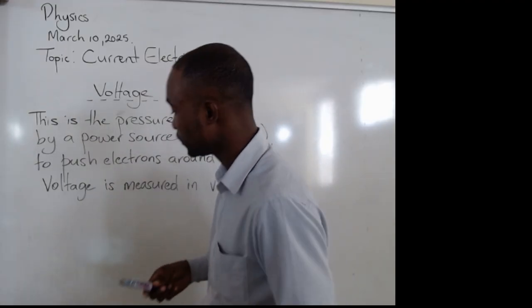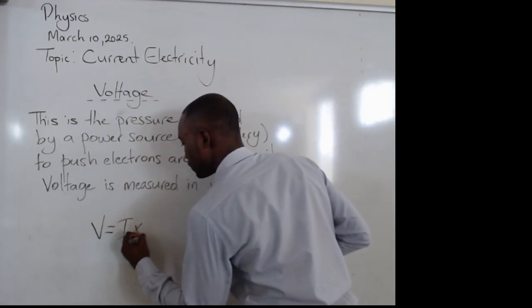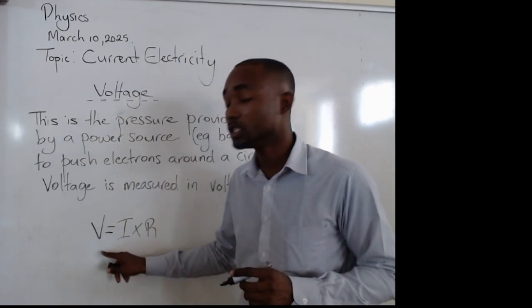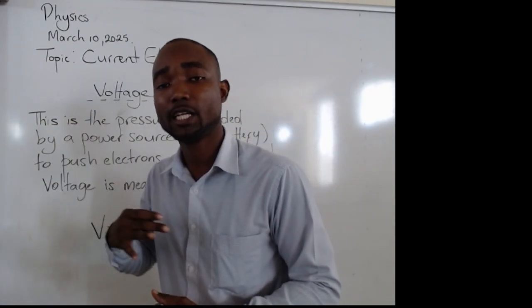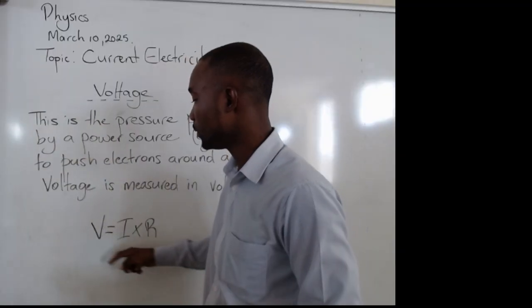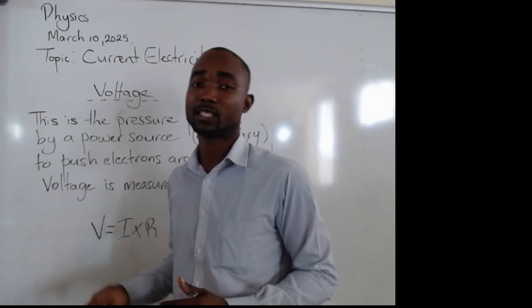Now, voltage is equal to current times resistance. Now, if the resistance is great, the voltage needs to be greater to push the electrons against that resistance. Now, the greater the voltage, the greater the current you can get.